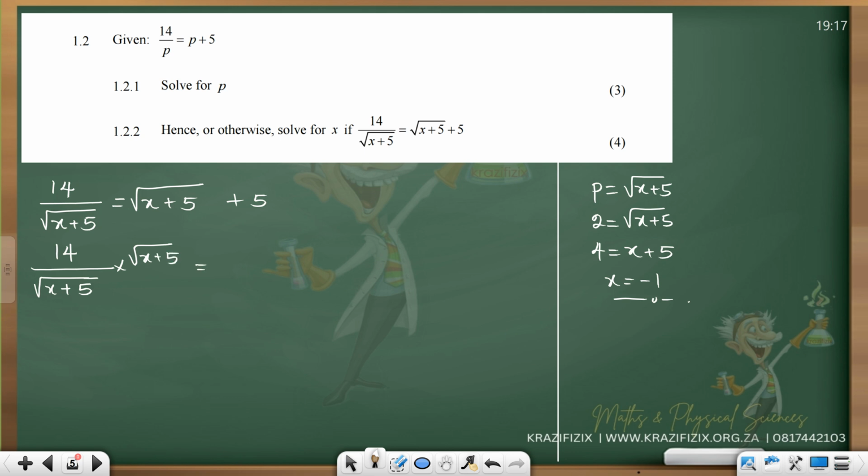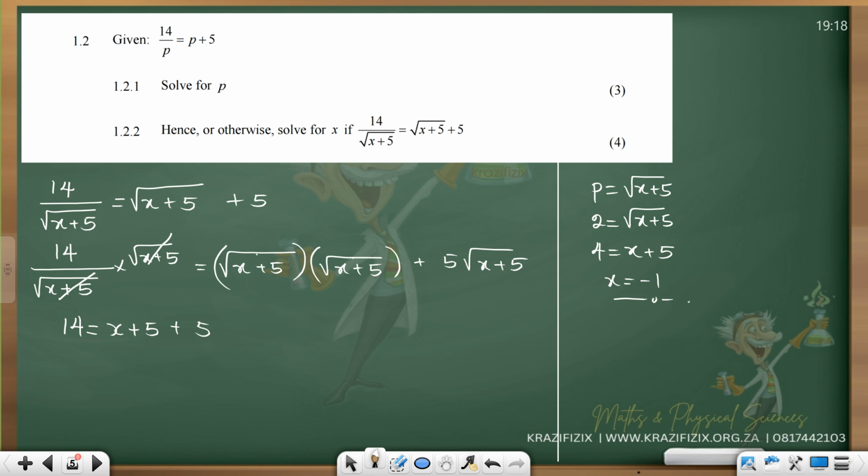I am multiplying every term. I want you to see where we are going to arrive at. So I'm doing the same thing across the board. 14. Now square root and square root, the square root just goes. So I'm left with what? X plus 5. Look at where we are.